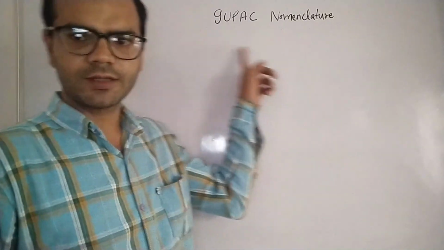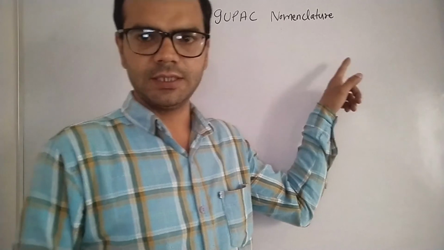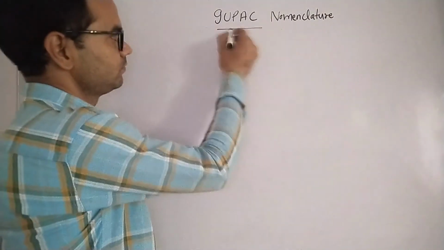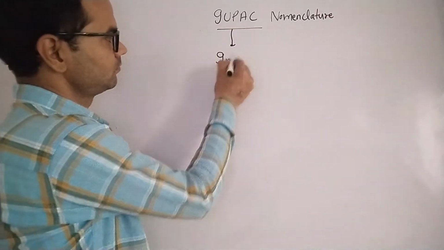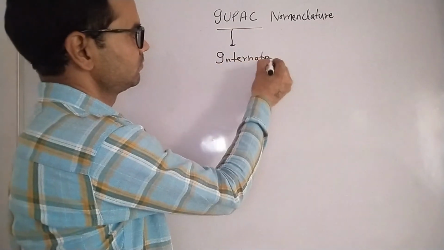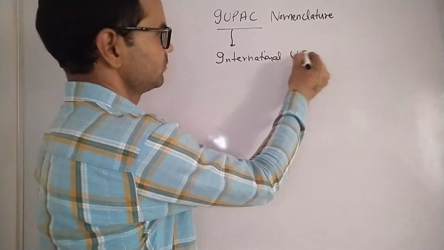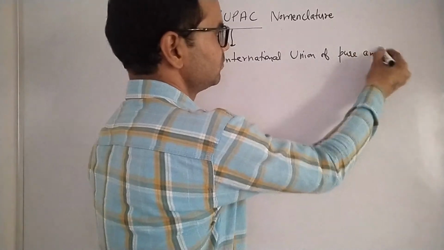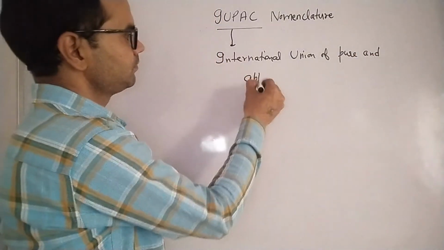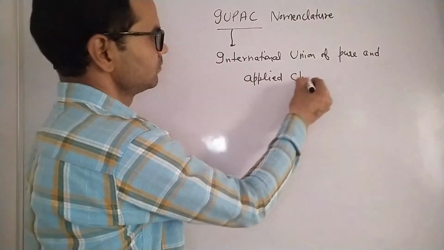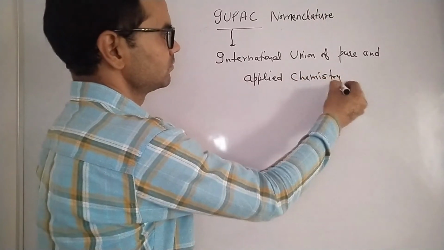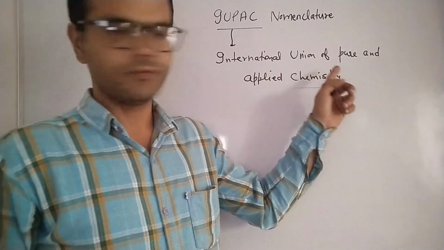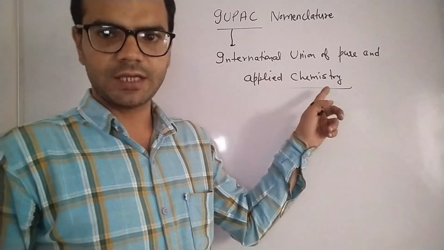Today we will discuss IUPAC nomenclature for class 10. So now what is this IUPAC? IUPAC stands for International Union of Pure and Applied Chemistry.